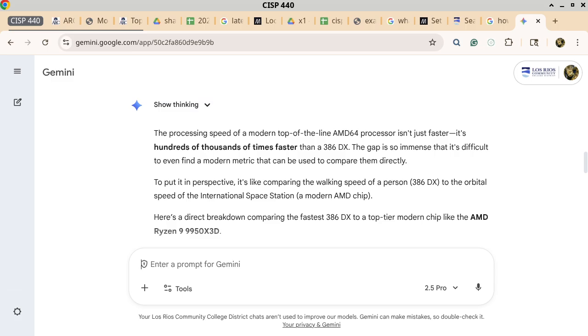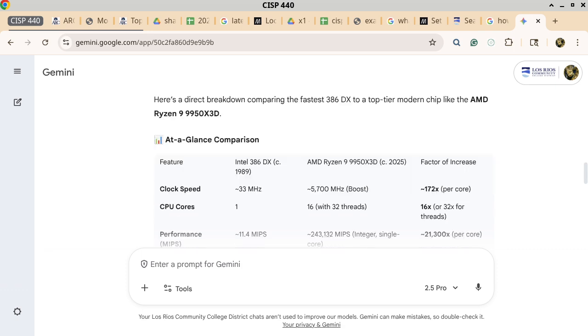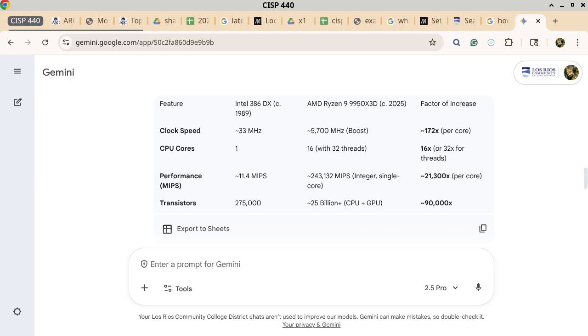Since it's already saying hundreds of thousands of times faster, what do you guys want to use as a base number? The clock speed has no comparison, because the 386 SX only runs at 33 megahertz. I think they took all of those into consideration.